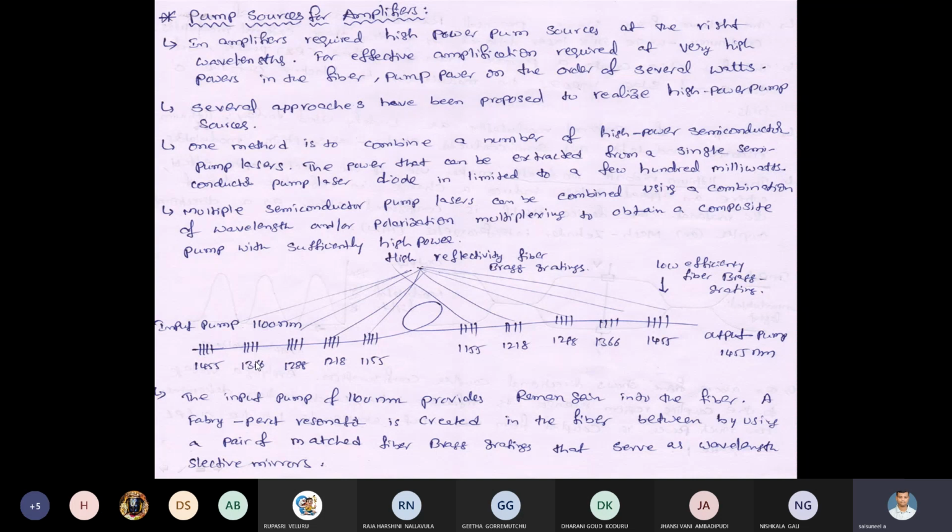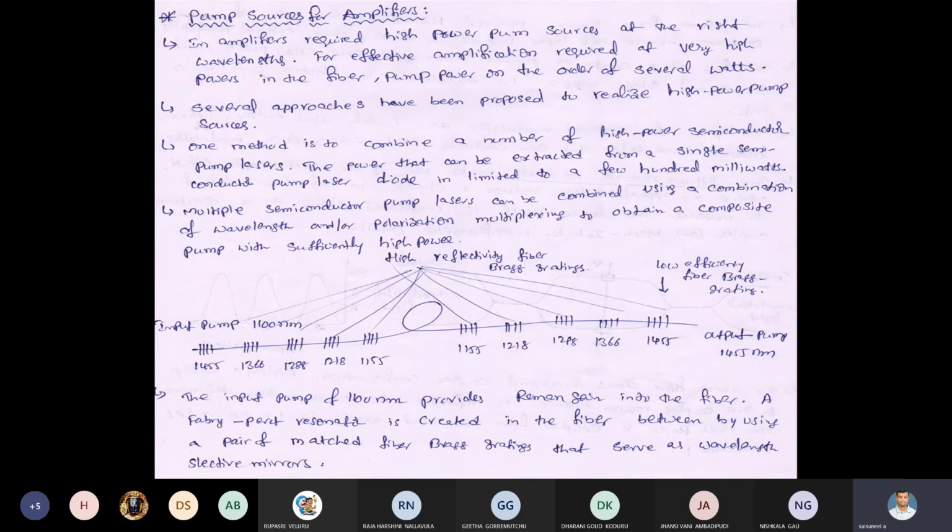After some distance the wavelength decreases slightly, from high to low, and whenever it decreases we are getting some attenuation. To overcome this attenuation problem we go for the amplifier section. While applying optical amplifiers, it gradually increases. Up to this point the input pump is 1100, but after this we are getting 1455 nanometer, that is, the wavelength increases. That is what is called the pump sources for the amplifiers.